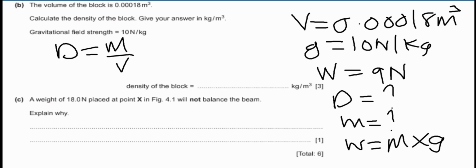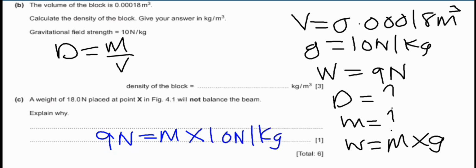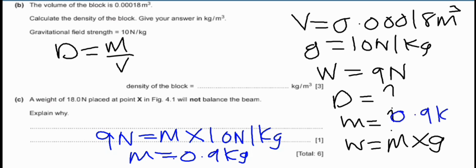So the weight that we have here is just going to be 9 newtons. So we can say 9 newtons is equal to the mass, which we don't have, multiplied by the acceleration due to gravity, which is 10 newtons per kg. Then when I divide here, the mass is going to be equal to what? 0.9 kg. So this one is our mass that we are going to use. So let's replace now here.